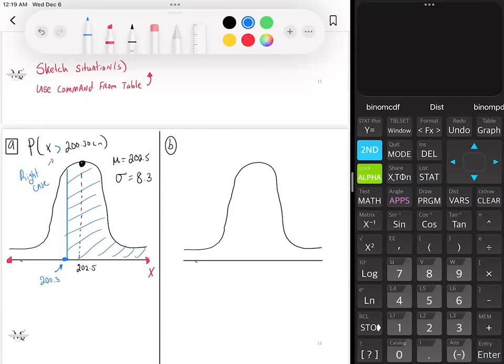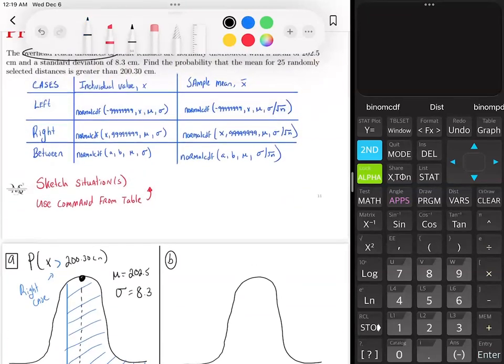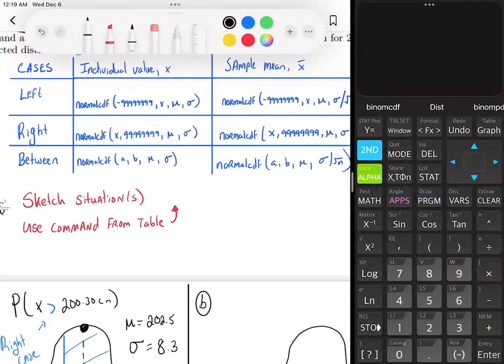Now, if I want to find basically the area to the right of x equals 200.3, then I have to use the normal CDF command for individual values for the right case. So here it states that it will be normal CDF of the value of x, comma, basically nines repeating. You could use 8 nines in succession, followed by the mean, followed by standard deviation, right?